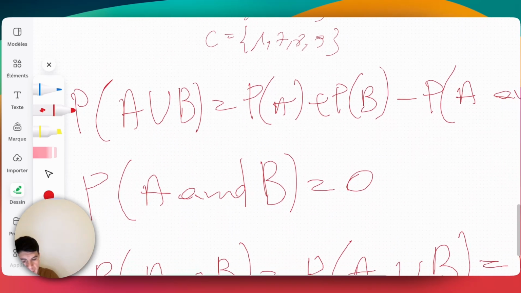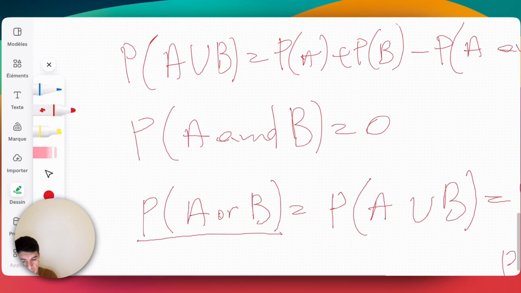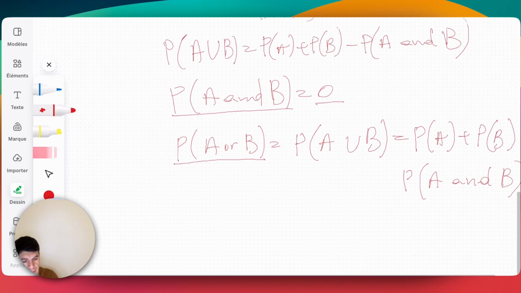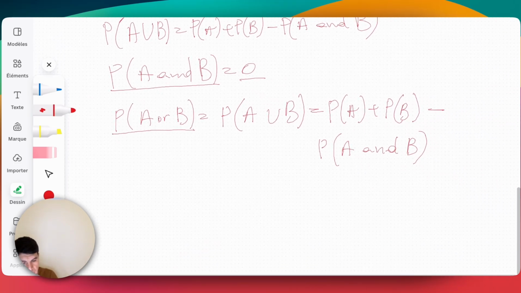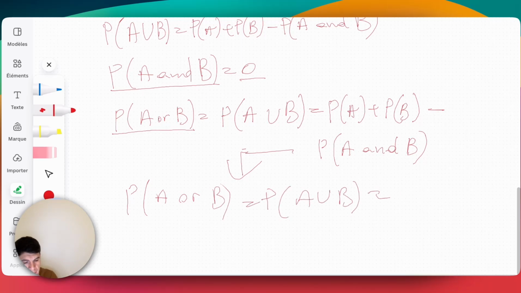In that case, the probability of event A and B equals 0. So this formula becomes: the probability of A or B, which is P of A union B, simply becomes the probability of event A plus event B, since this term is going to be 0.